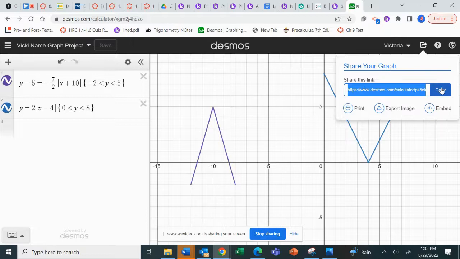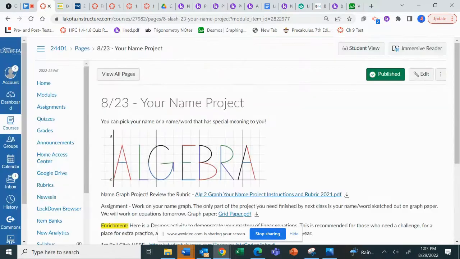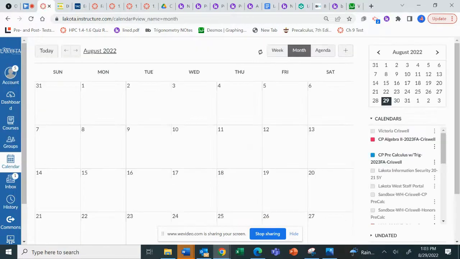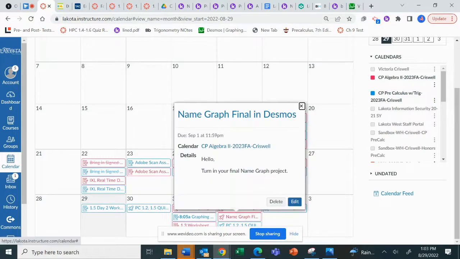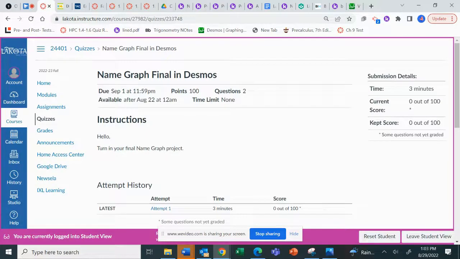And then when you go to turn it in, I know it's on the calendar. It's somewhere else. Is it on here? It's not on here. I'll figure out where it is, or I'll make it obvious where it is for you. When you go to turn this in, hold on, student view.